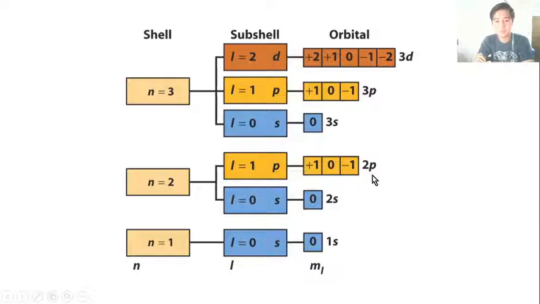So let's go here, 2P. So that is negative 1, 0, positive 1. So that means if there are electrons here, electrons can be found probably here in positive 1, 0, or negative 1.